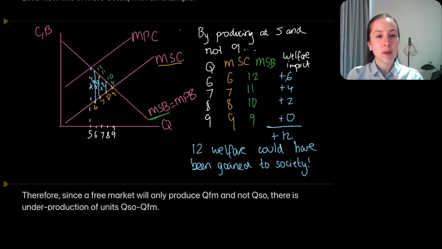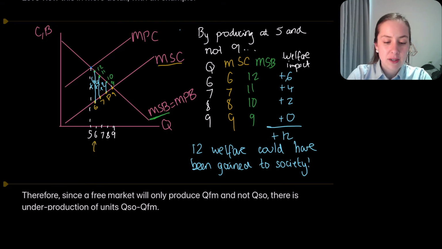Here I've got this in a table form, for those of you who like to look at this more numerically. I've got the units between the free market and the social optimum, and I've tracked their social costs, tracked their social benefits, put it in a table, and we can see, for example, that this sixth unit, because it had 6 costs of production, but it had 12 benefits, actually added 6 to welfare.